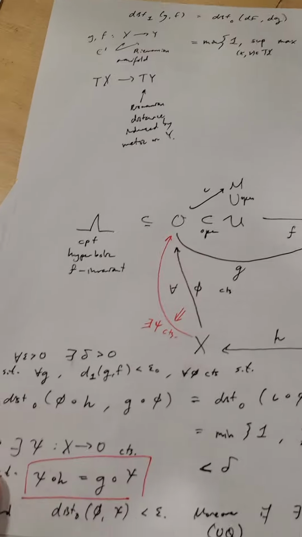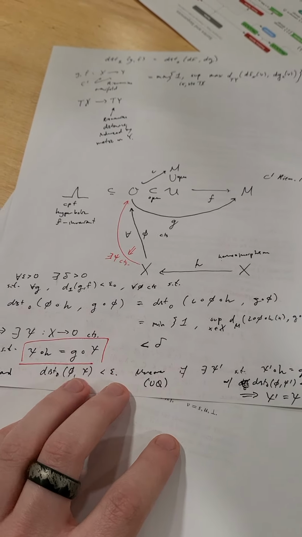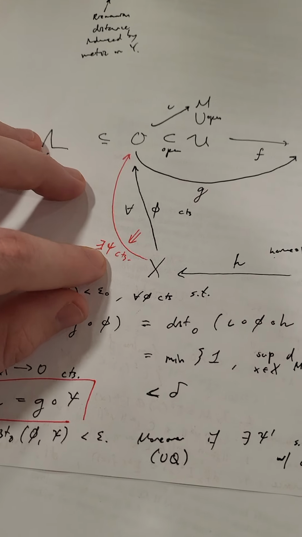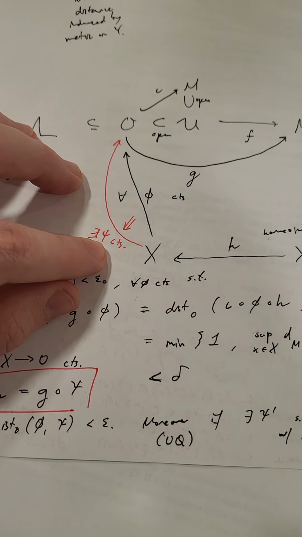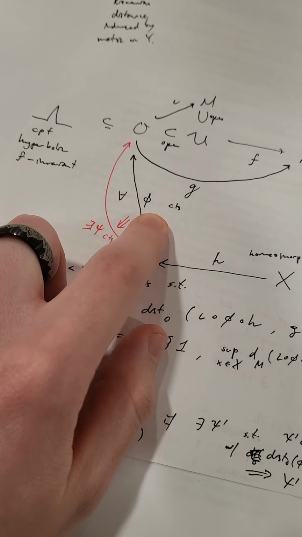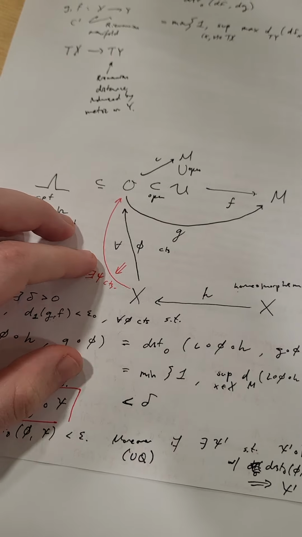Okay, and then the last thing about this construction is the uniqueness part. And furthermore, I should mention also that this map that we've shown existed, this var phi map, is epsilon close to this original phi map, okay, with respect to the zero distance.